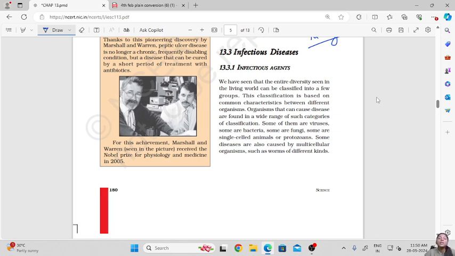So in lower classes we have also seen that all this diversity around us, all these different kinds of organisms, can be classified into certain groups, and this classification is based on the common characteristics between different organisms. So when two or a few organisms have similar characteristics or similar features, they are placed in a particular group.